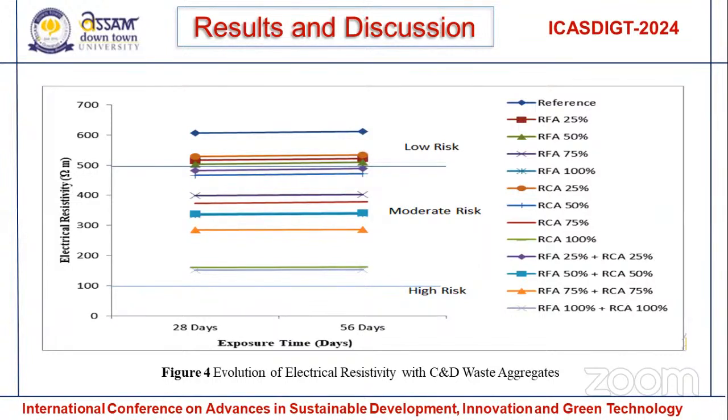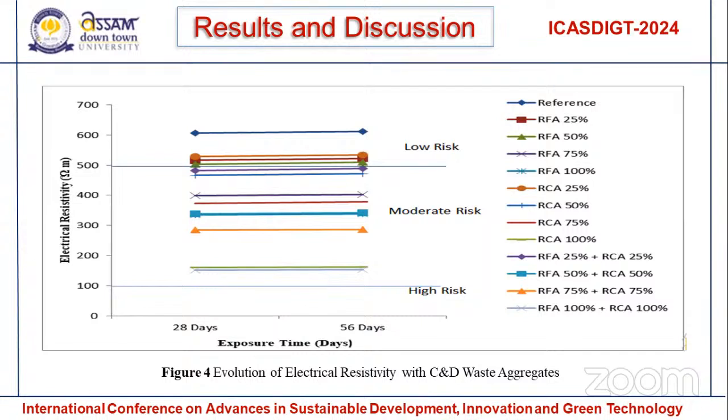There are 4 mixtures which are under low risk of corrosion. By applying recycled aggregates, there are 5 to 6, or 7 to 8, mixtures which are under moderate risk, and none of the mixtures is under high risk of corrosion. The mixtures produced with different recycled aggregate percentages show different electrical resistivity with respect to the replacement percentage.